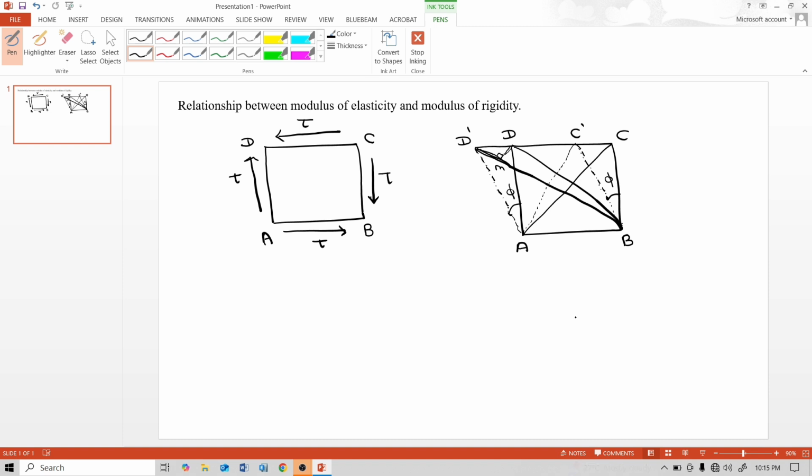See this original block, seen like this after distortion.